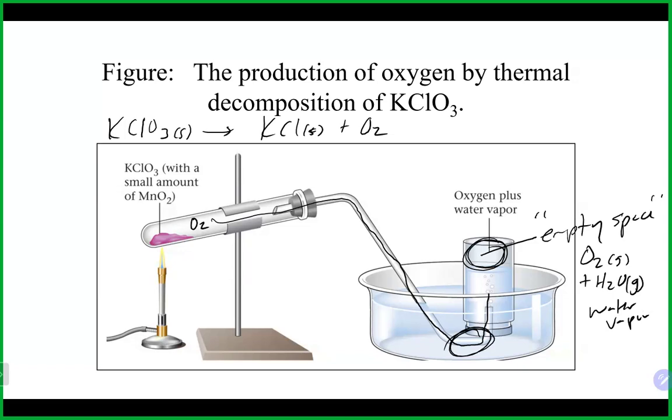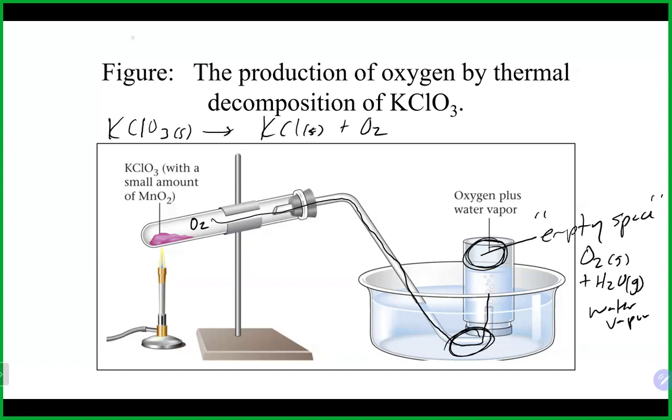Now, this is a very common way that we collect gases. In fact, you'll do that on Thursday as well. When you collect your gas, you collect it with water. Now, the problem is we're not really interested in the water's contribution. We're actually just interested in the oxygen. The water here is just a byproduct of how we collected it.